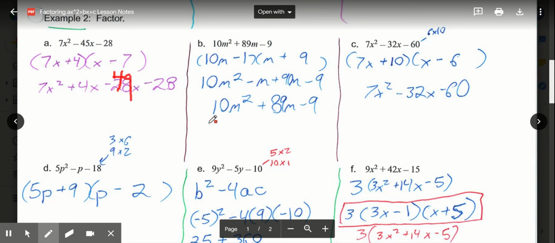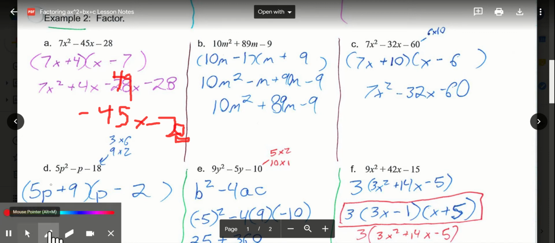So that's what that should be, minus 28. And then when we combine in the middle, a negative 49 and a positive 4 gives me a minus 45x, which is what we want in the middle, our minus 28, and then the 7x squared to start. So that would be our answer.